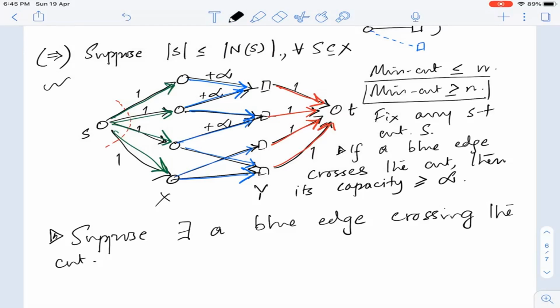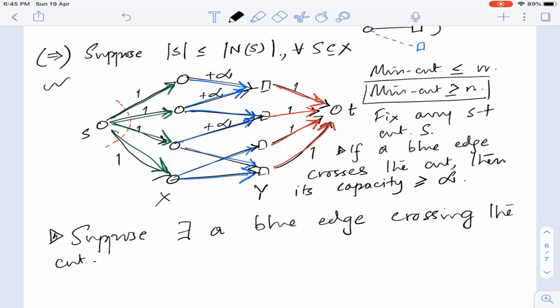Now how do I convince you that a perfect matching must exist? There are several proofs of this fact, from induction to contradiction, using properties of bipartite graphs, and so on. But here I am going to show you a proof by a direct application of the max flow equals min cut theorem.